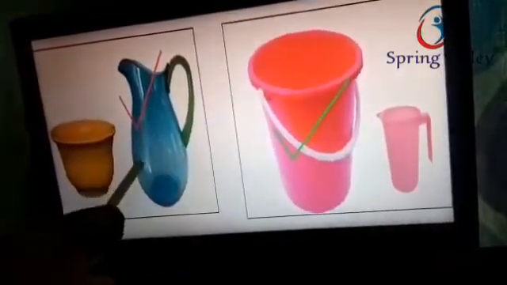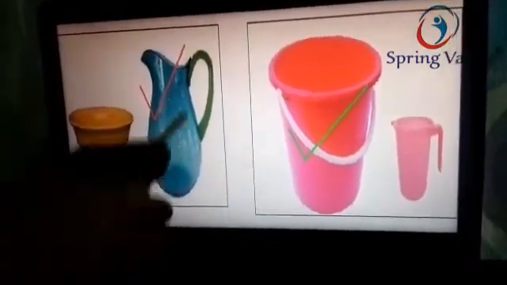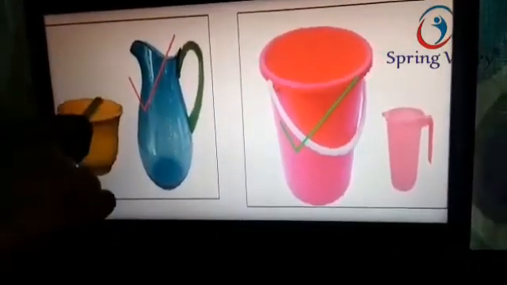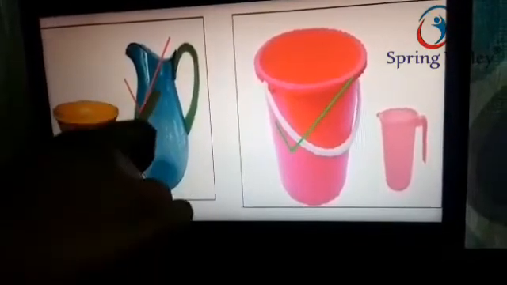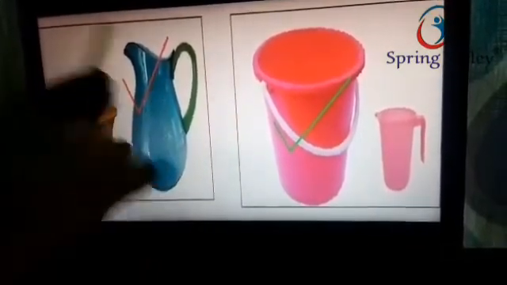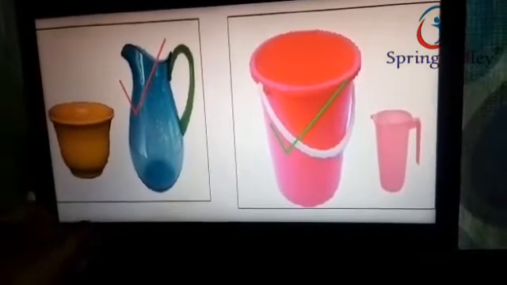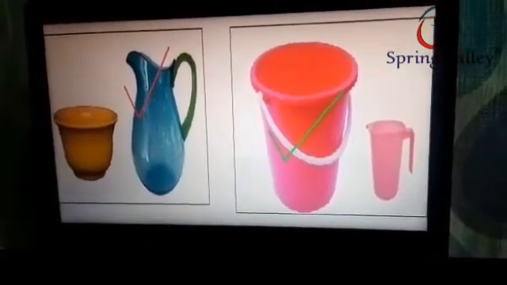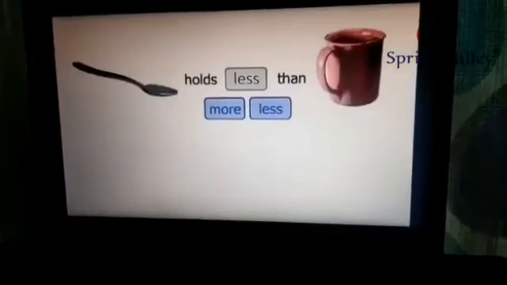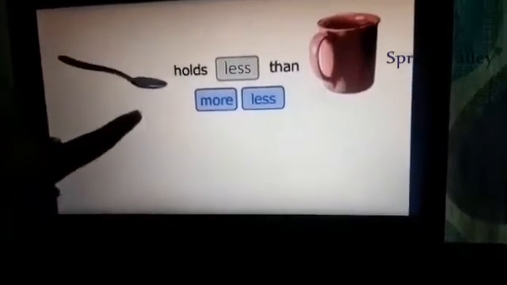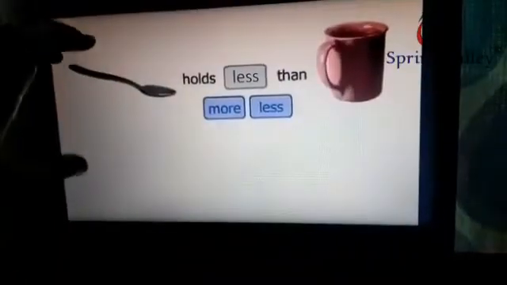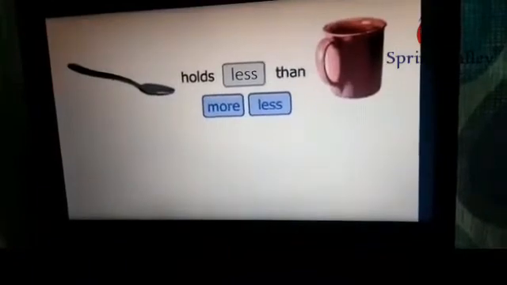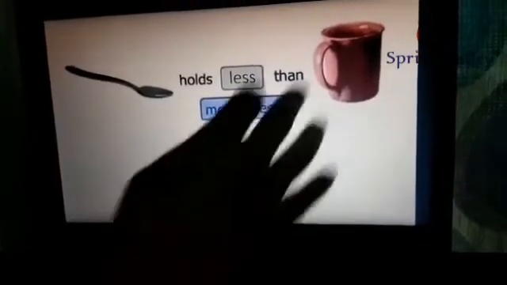Here we have a jug that is fully filled with water and a glass that is fully filled with water. The jug has more water than the glass. Got it, ma? So, see, the spoon holds less water than the jug.